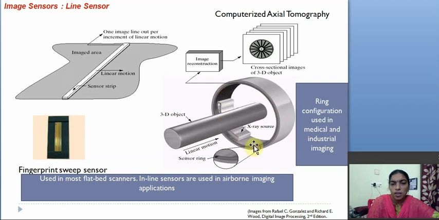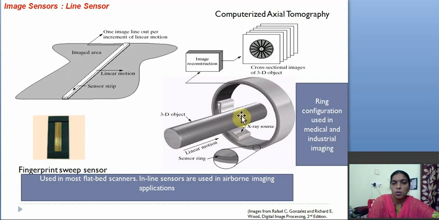Here this is the illumination source, it provides the light signal. In this we are using a sensor ring in this direction. This sensor ring converts light energy into an electrical signal.